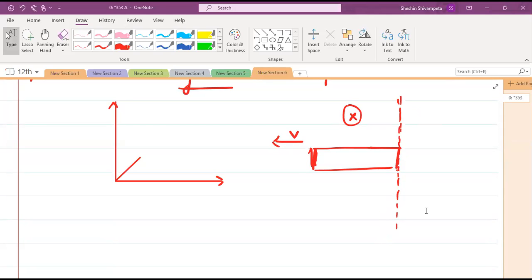Even if it moves towards left, will its flux change? Yes or no? Even if it moves towards left, will its flux change? Ultimately, magnetic field is uniform. इसका area भी constant होगा.